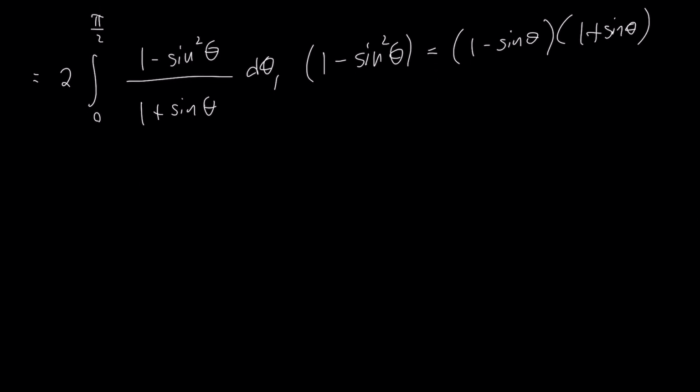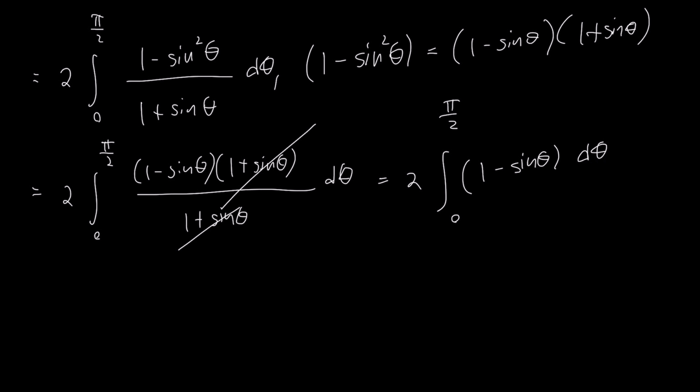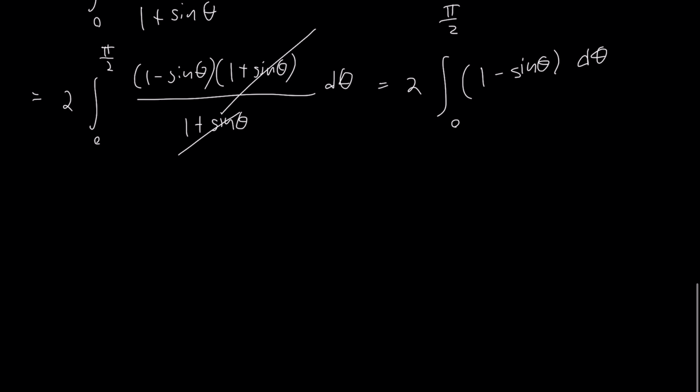So using this information, we have this is equal to twice the integral from 0 to pi over 2 of 1 minus the sine of theta times 1 plus the sine of theta divided by 1 plus the sine of theta, d theta. But we see some nice cancellation here. So this is none other than twice the integral from 0 to pi over 2 of 1 minus the sine of theta, d theta, which is a really easy integral now.